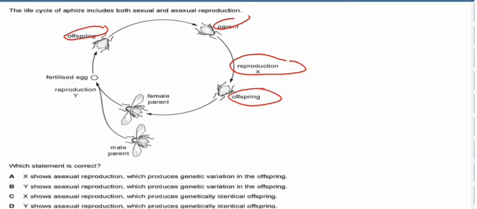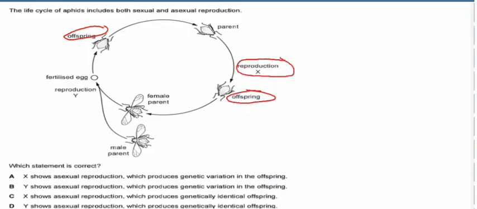The next one. The life cycle of amphibians includes both sexual and asexual reproduction. So we have the offspring here, parent, reproduction X, also have the offspring here. So for this offspring to be produced by reproduction X, it means here it was asexual reproduction.